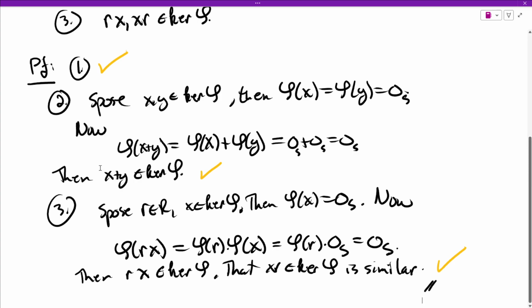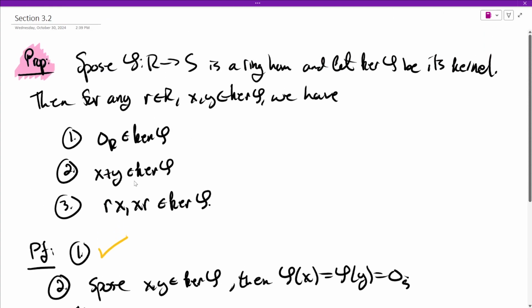Let's go back up to the statement. This first statement, 0 is in the kernel, that's the slogan. The next one is that the kernel is closed under addition.